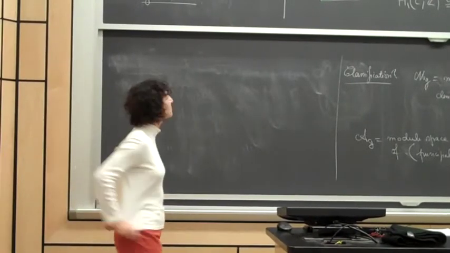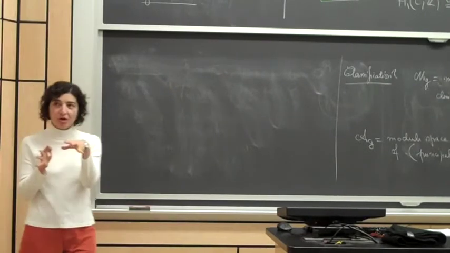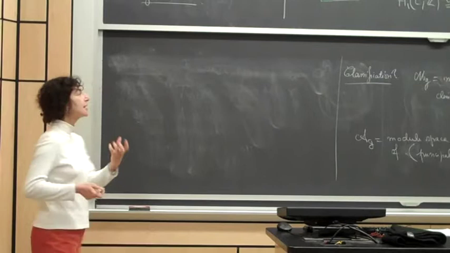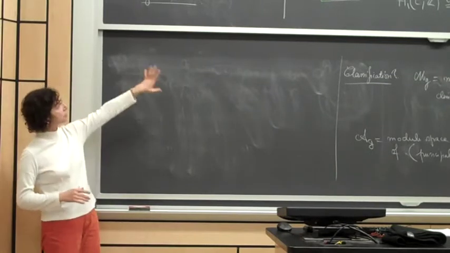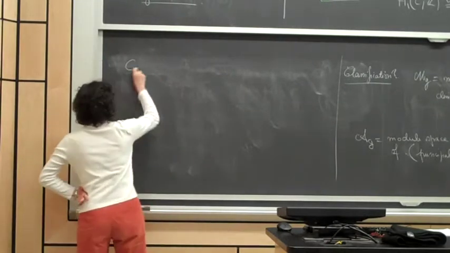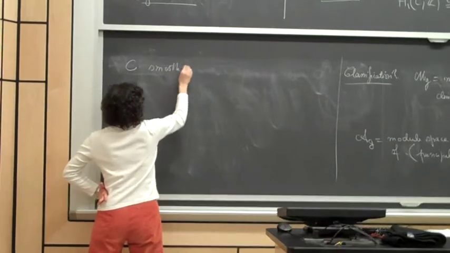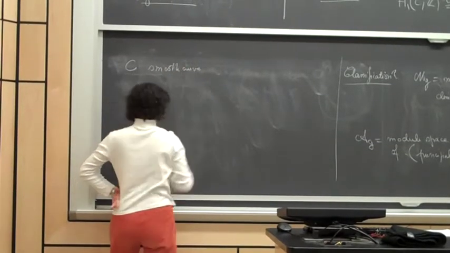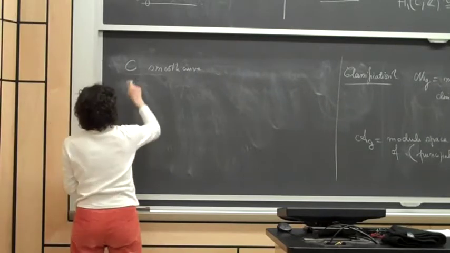Okay, so let me explain what a Prym variety is and how you make it. When we make the Jacobian, we just took one curve, right? Here, you take the curve with some extra data. And it's the same thing for Prym-Tyurin, the thing that I just mentioned. So you start with a curve with some extra data. In this case, the extra data is a double cover of the curve.